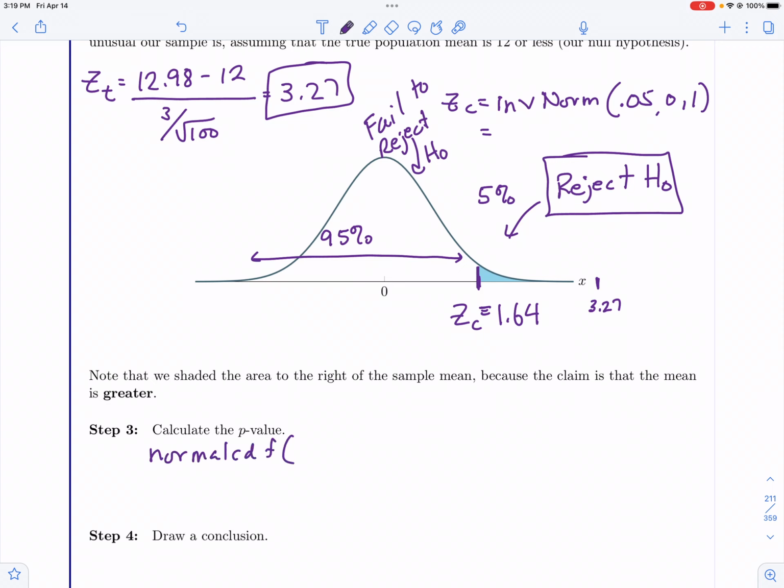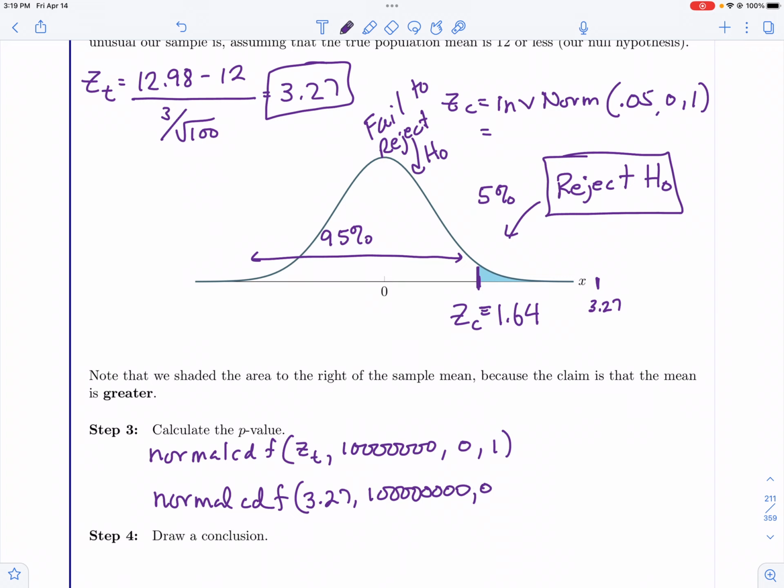All right, so now to calculate our p-value, what we're going to do is use our normal CDF. With this one, since it's greater than, the z sub t is going to be our lower bound. And then we're going to put some ridiculously big number in here, and then our 0, 1. And we want to see if that probability is less than 0.05. So if we plug this in, our z sub t is 3.27, comma, this ridiculously big number.